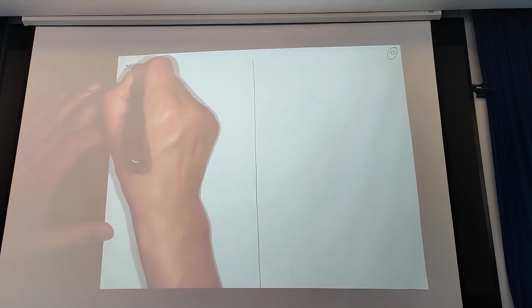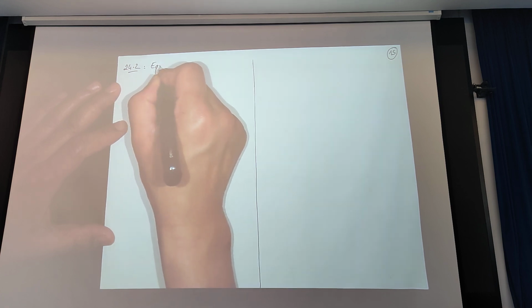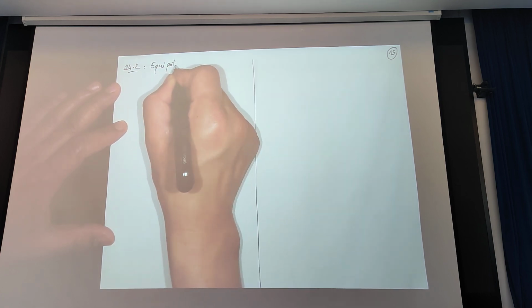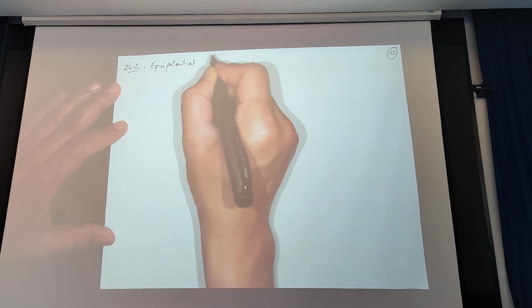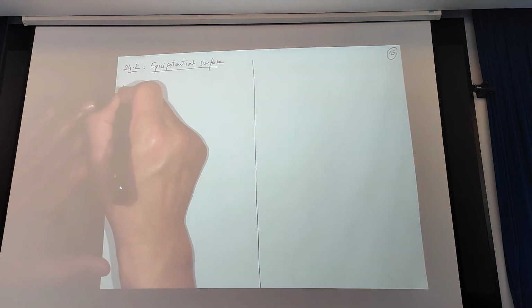Okay, the next part is I'm going to talk about equipotential surface. Definition.